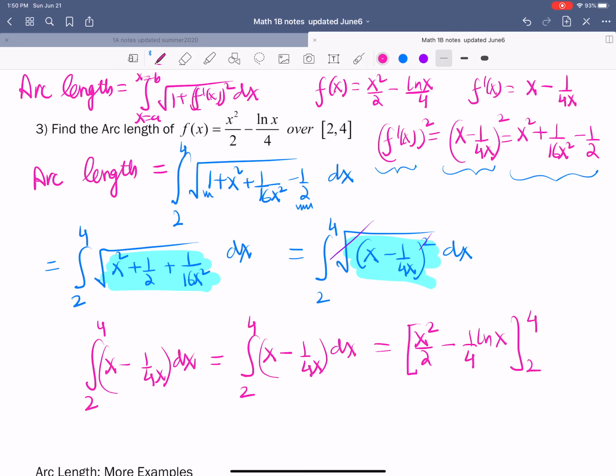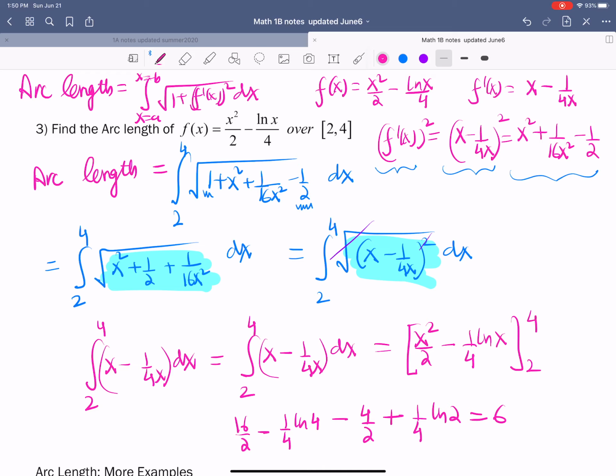So it turns out to be 4 squared, which is 16 over 2, minus 1/4 natural log of 4, minus 2 squared, which is 4 halves, plus 1/4 natural log of 2. If there are any like terms, combine them. 16 over 2 is 8. 8 minus 2 is 6. So this turns out to be 6.